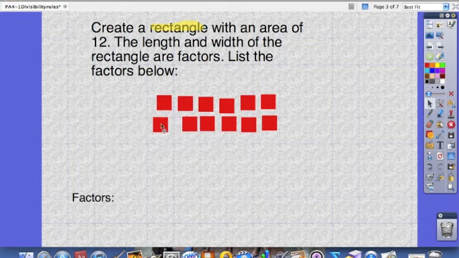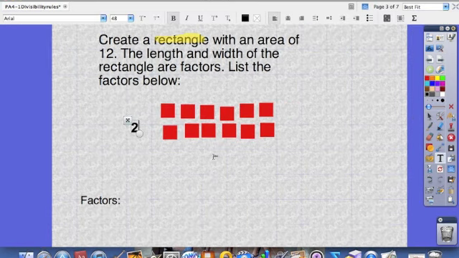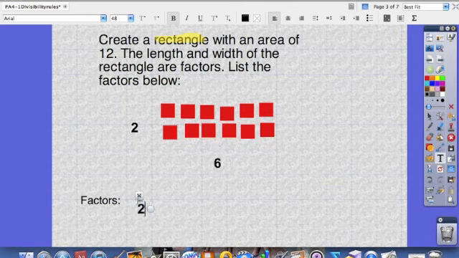In this case, this dimension is 2, and this dimension over here would be 6, so I would have a 2 by 6 set of factors that would give me the area of 12.